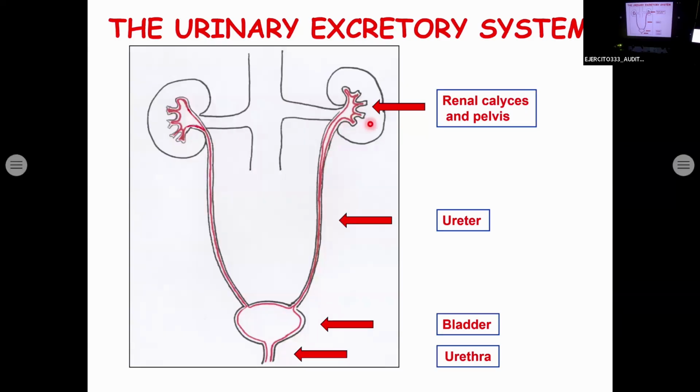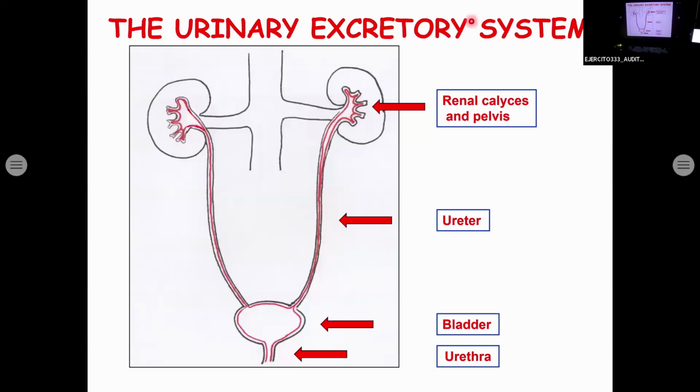It is the system which, starting in the kidneys and going down, collects the urine which is produced in the kidney parenchyma. So the whole urinary excretory system includes renal calyces and pelvis, then the ureters, 1 and 2, the bladder and the urethra, okay?